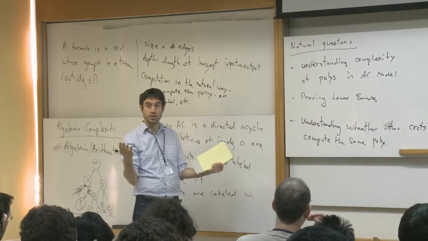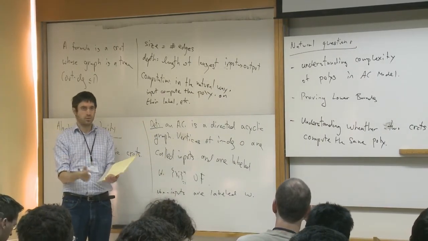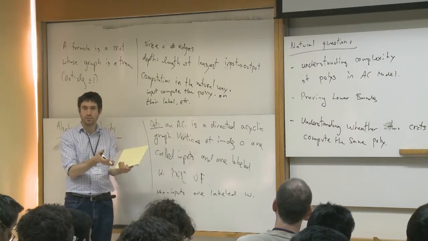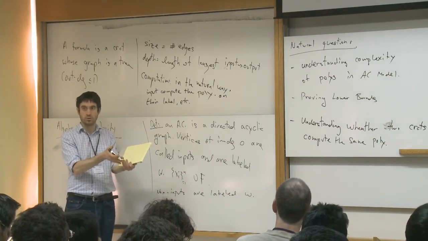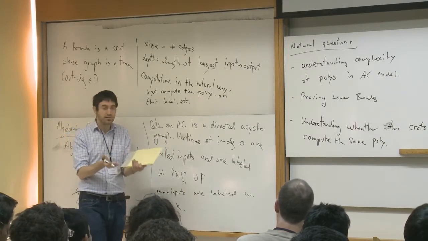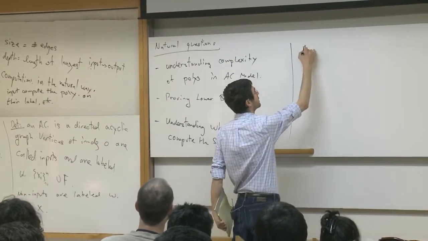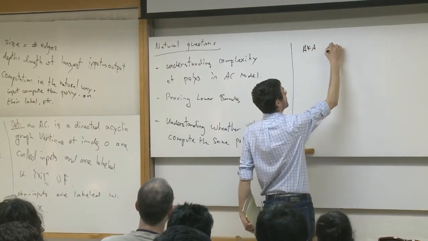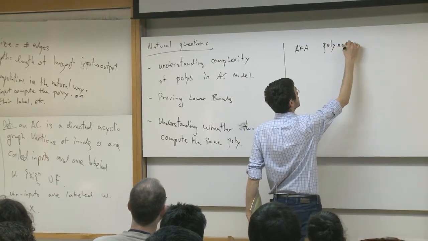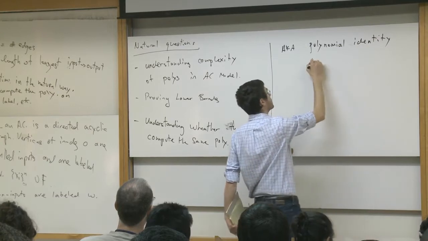So I give you two computations, and I ask you, do they compute the same polynomial or not? You can also ask it in a different way. I give you some computation, does it compute a zero polynomial or not? Just deciding whether what you have is the same or different, that seems very basic. And that question is known as the polynomial identity testing problem.